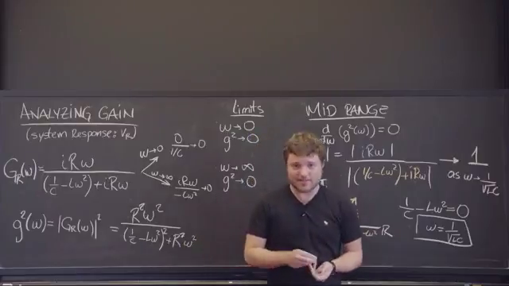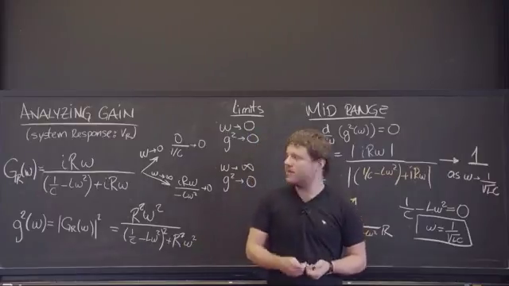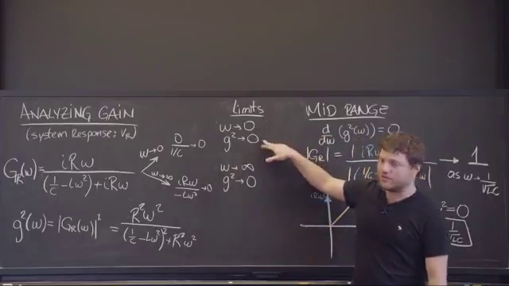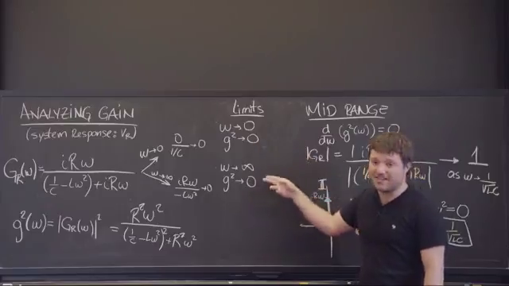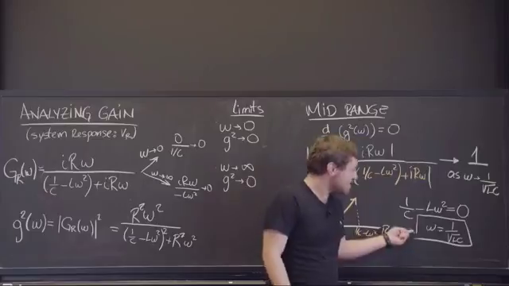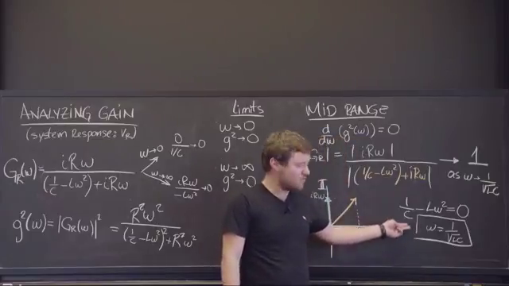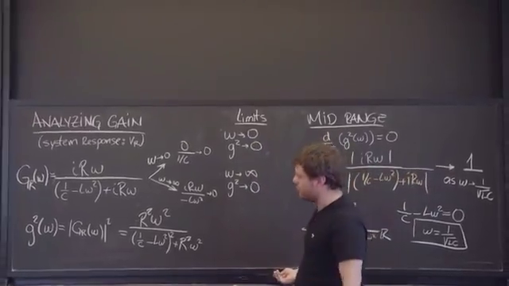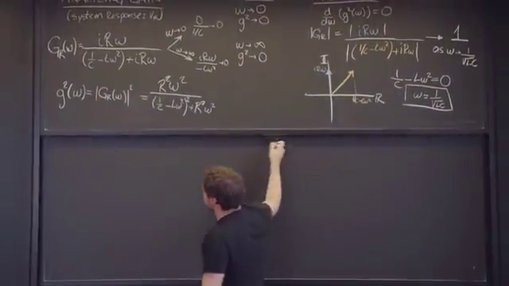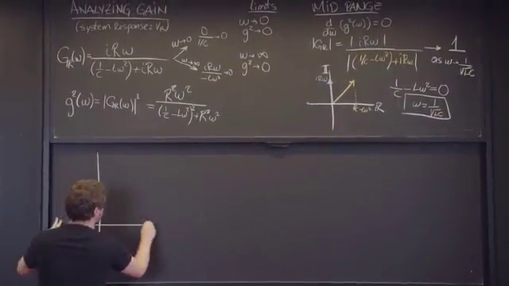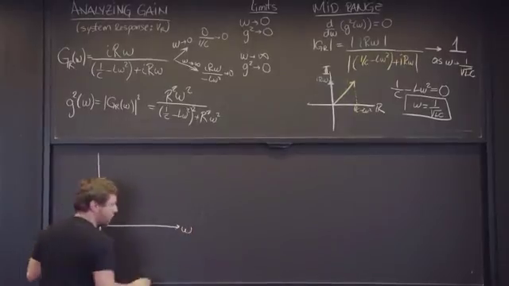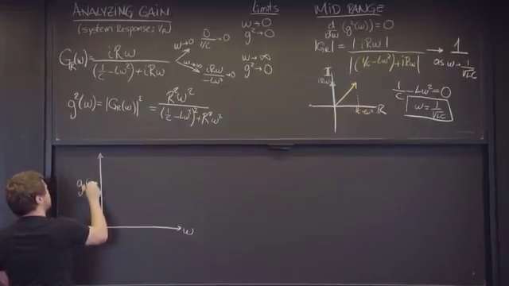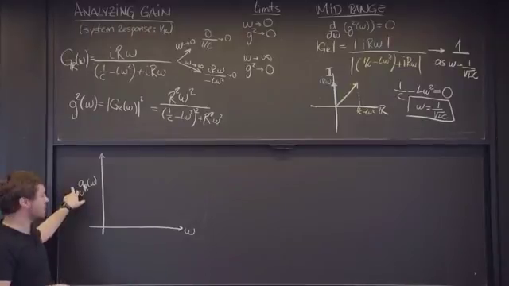And now we have all the ingredients to plot what the gain looks like as a function of omega. We found as omega goes to 0, the gain goes to 0. As omega goes to infinity, the gain also goes to 0. And then for this specific value of omega, omega equals 1 over the square root of LC, the gain goes to 1. So let's make a plot with all this information. Here on the x-axis we have omega, our input frequency, and on the y-axis we have g, little g, the magnitude of the complex gain.